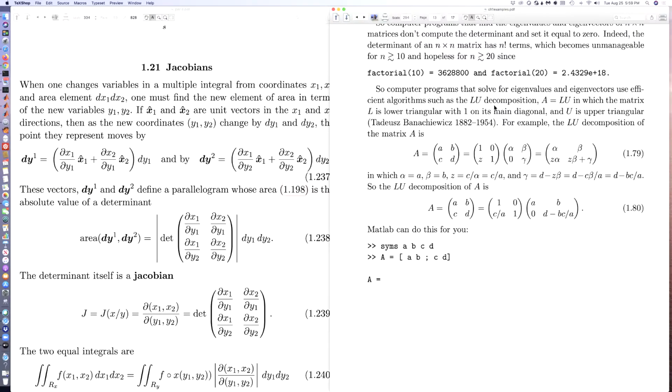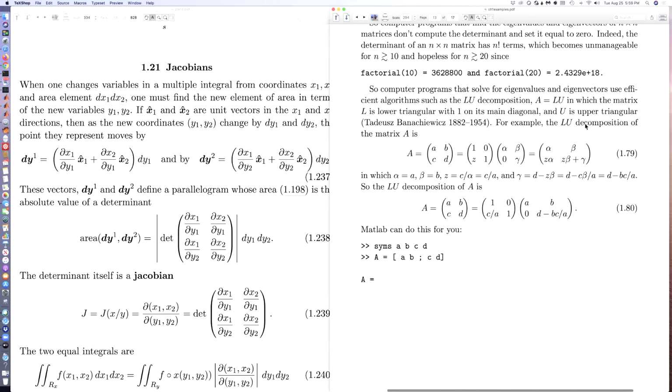This is called the LU decomposition, and it was invented by a Polish mathematician, Tadeusz Banachiewicz. Of course, there's a better way to pronounce that, but I don't know what it is. If his name had been shorter and easier to pronounce, the LU decomposition would probably be named after him, but instead most people have no idea how to pronounce that name, so they just call it the LU decomposition.